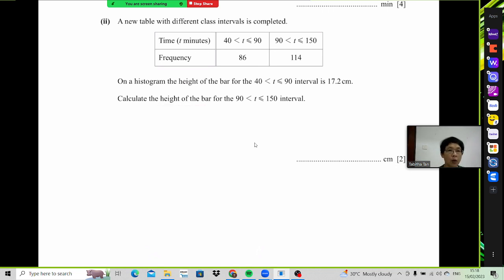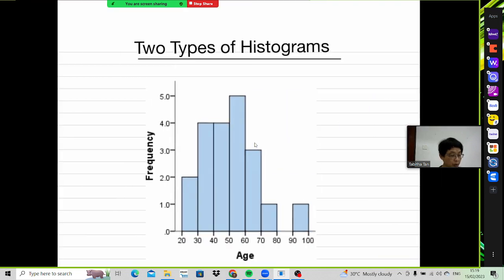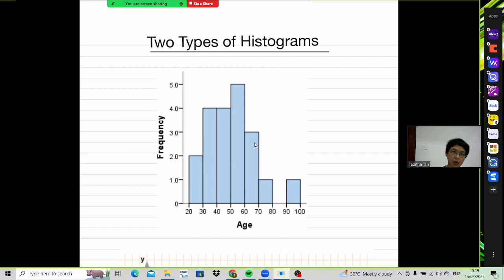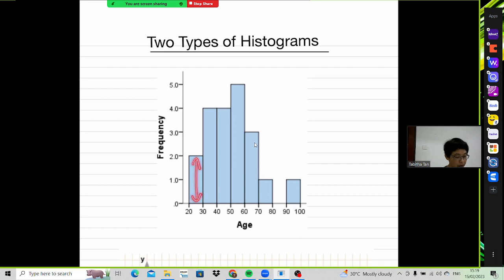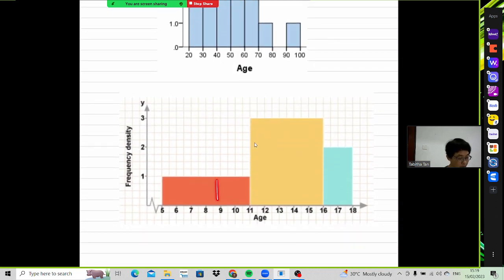Now, in order to approach this question comfortably, I would like to provide us with an overview about what a histogram is. We won't go into detail because that is for another time, but just to know what they talk about, the height of the bar is basically this height, or this height.